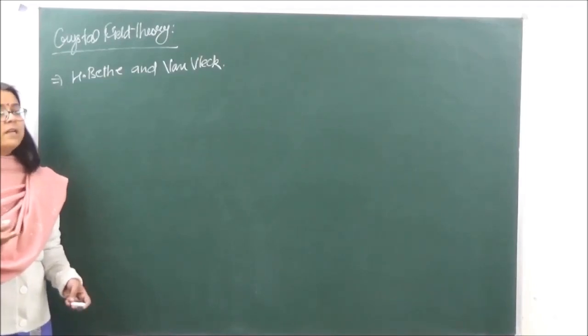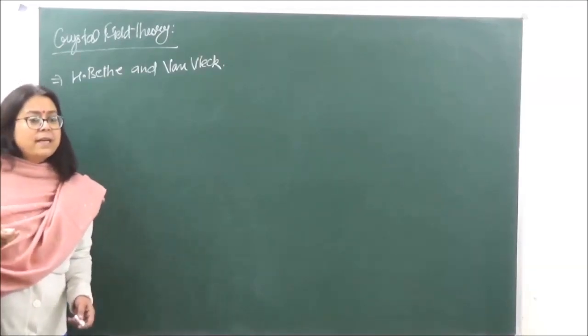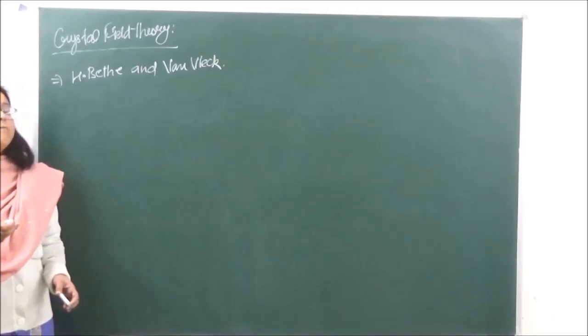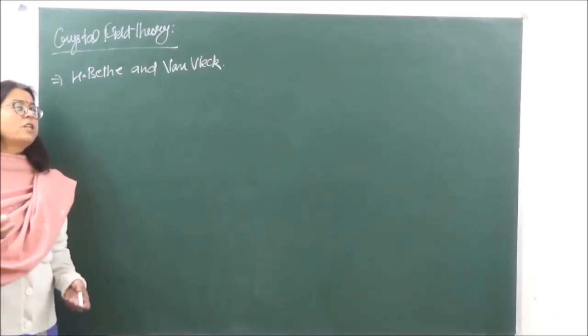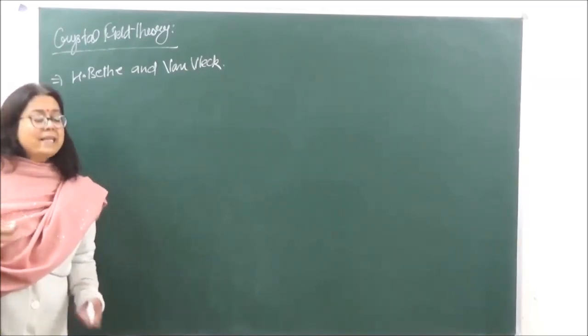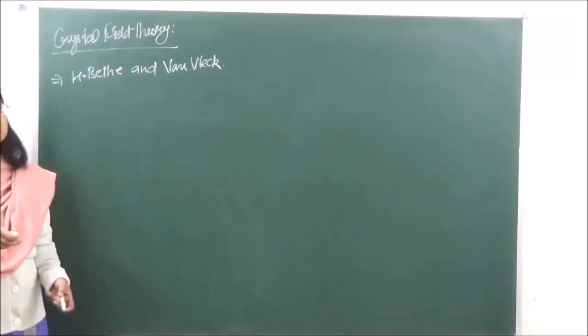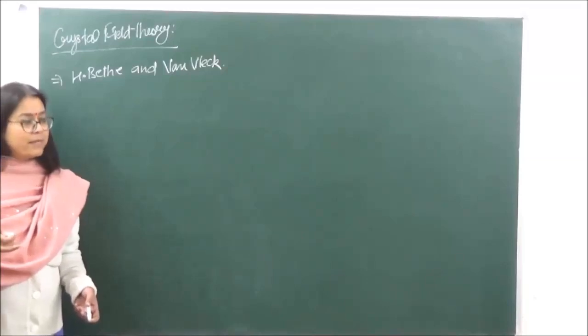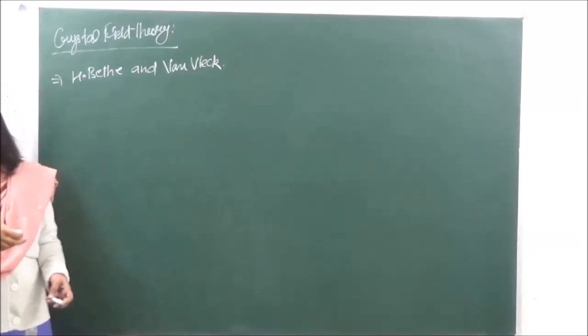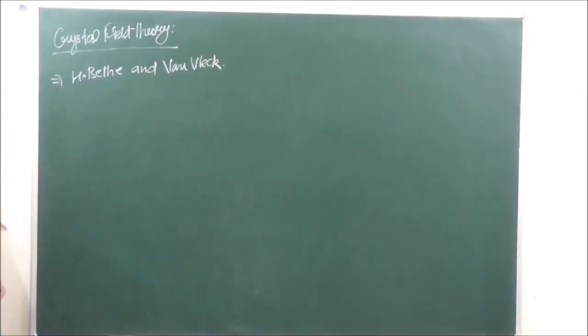Now we also studied the limitations of VBT: VBT did not clearly explain the outer orbital complex and the inner orbital complex, or the magnetic properties of many substances. It did not explain the high spin complexes and the low spin complexes. So all that was very beautifully explained by the crystal field theory.